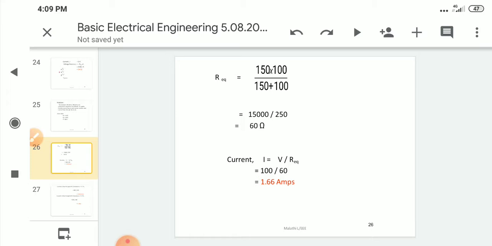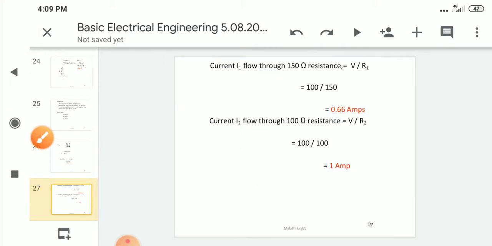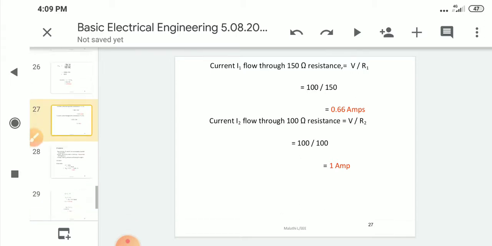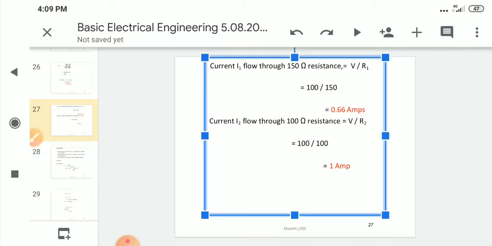According to Ohm's law, I is equal to V by R. By this formula, we calculate the value. Next, I1 is equal to V by R1, I2 is equal to V by R2. We substitute the values of these two, then we get the answers.